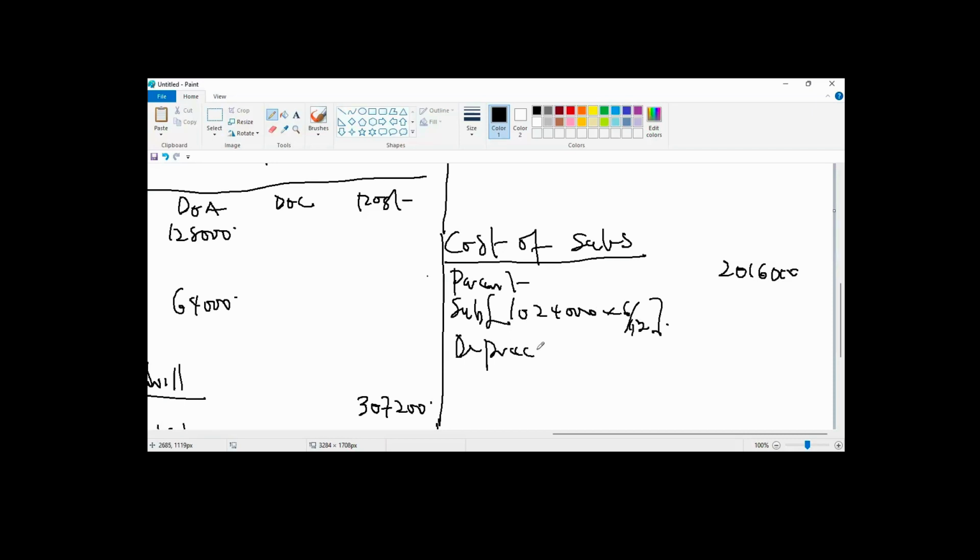Depreciation: if it is surplus, addition to cost of sales; if it is deficit, less. 1,024,000 times 6/12 is 512,000.